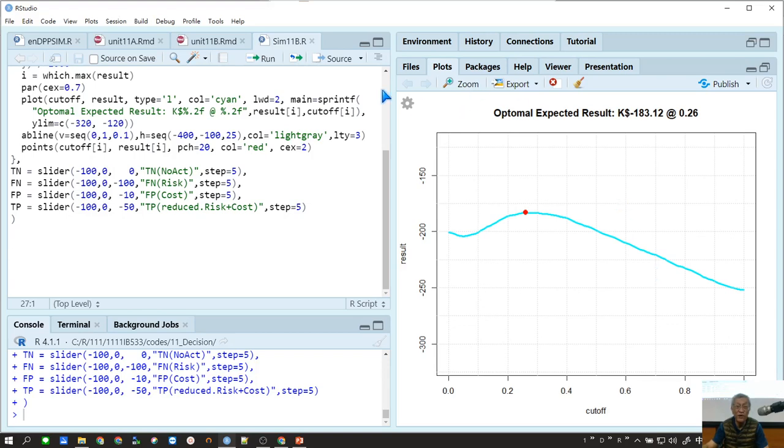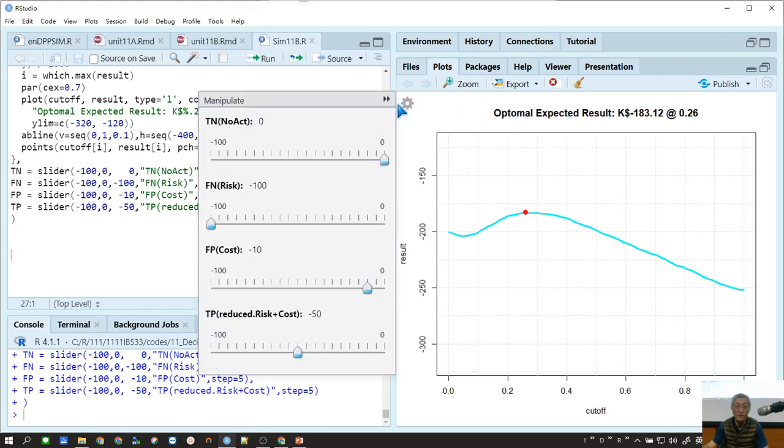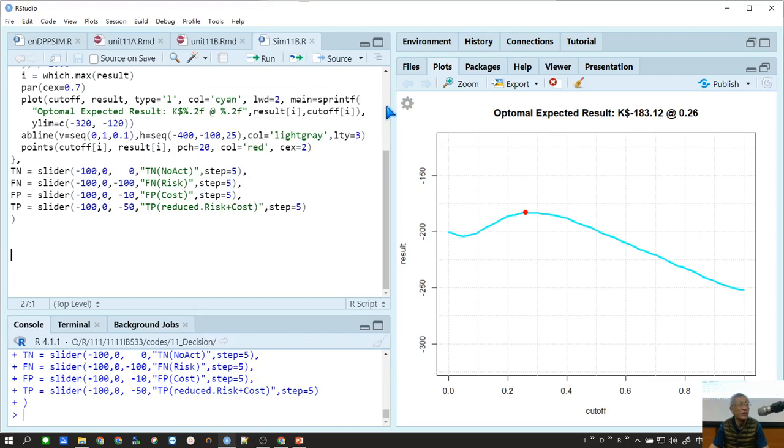You don't need to move this, just put it the way it is. From this chart, you should be able to tell, if I do not take action at all, what is my expected payoff? Minus 200.